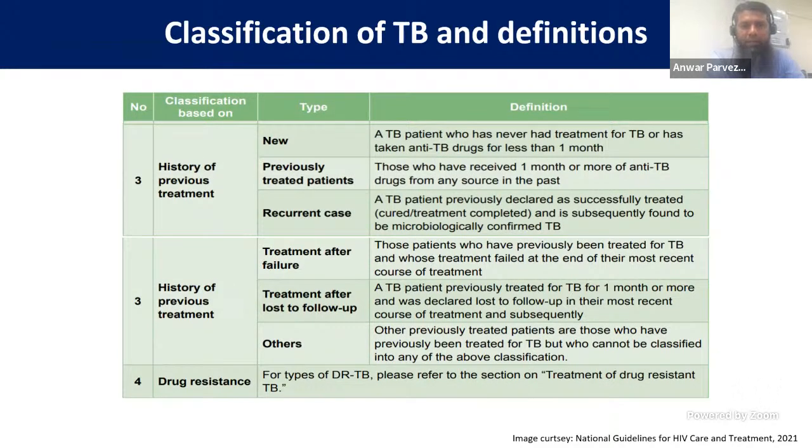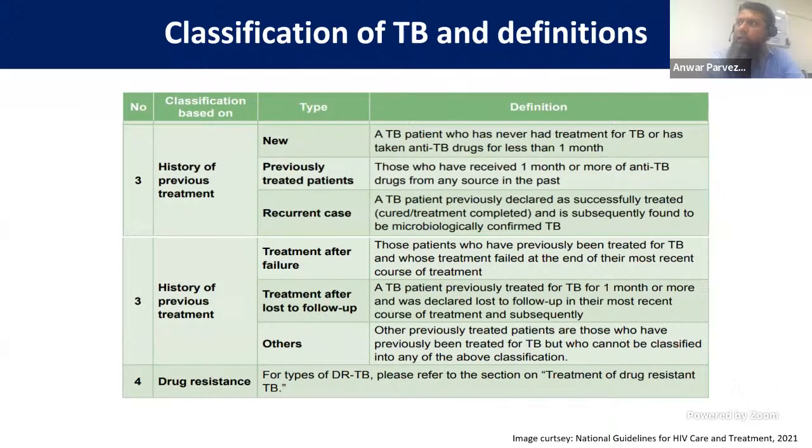And previously treated, anyone who has taken treatment for more than one month, will be called a previously treated TB case. Recurrent case means those patients who have completed TB treatment in the past and now have microbiologically confirmed TB.